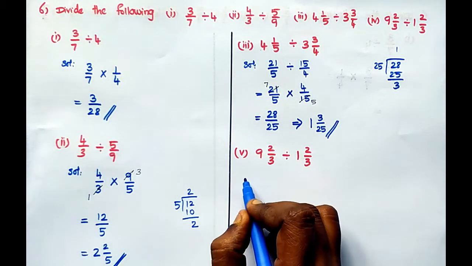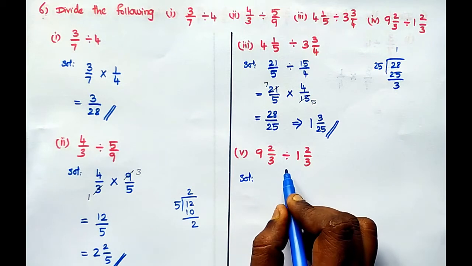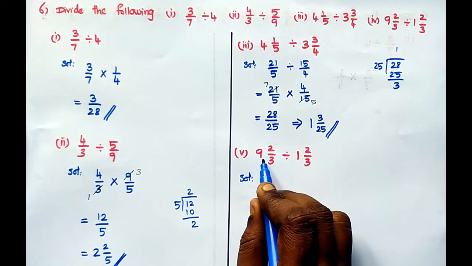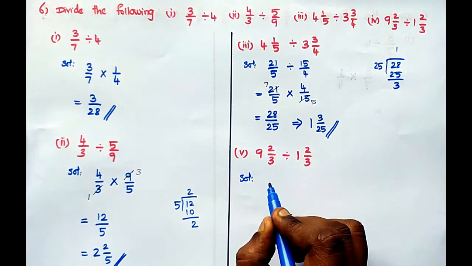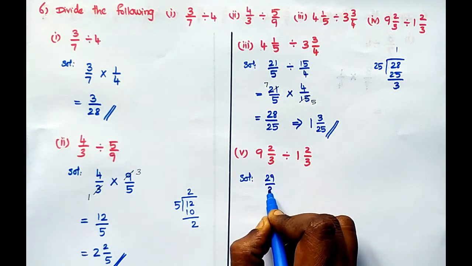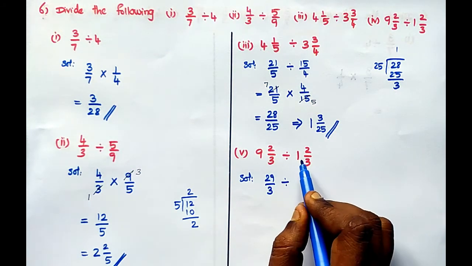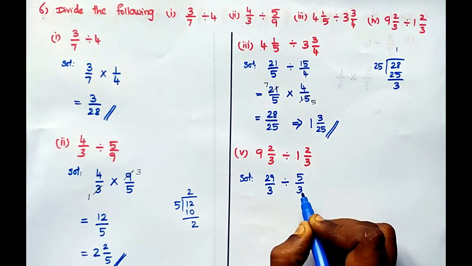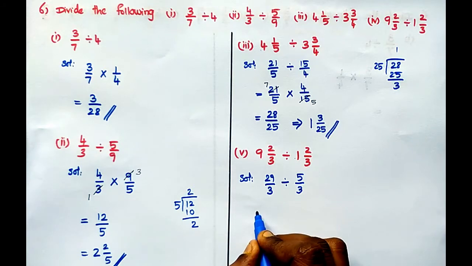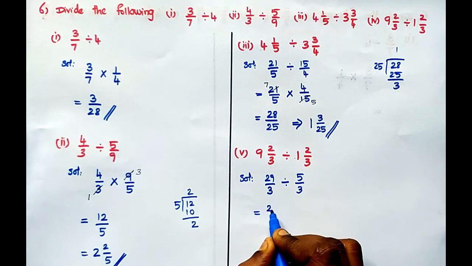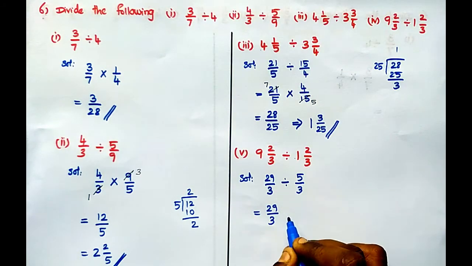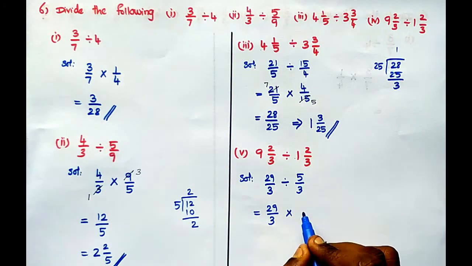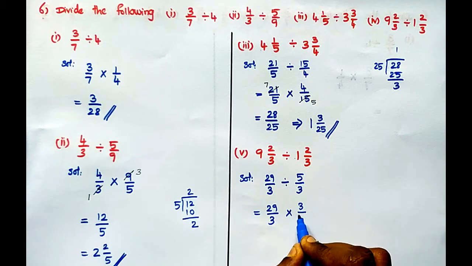Next one, 9 2 by 3 divided by 1 2 by 3. Convert into improper fraction. 9 3s are 27 plus 2, 29 divided by 3, and divided by 1 3 is 3 plus 2, 5 by 3. Now 29 by 3, write down as it is and put multiplication symbol and take the reciprocal of the second fraction, that is 3 by 5.